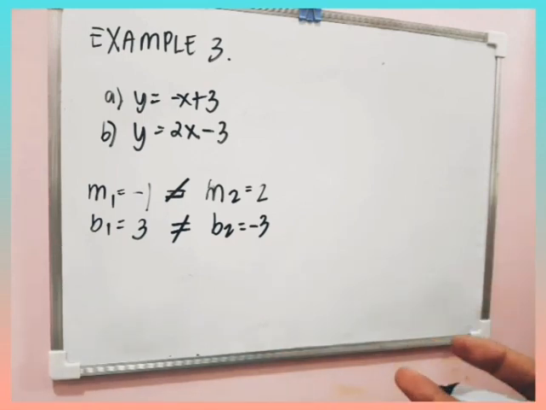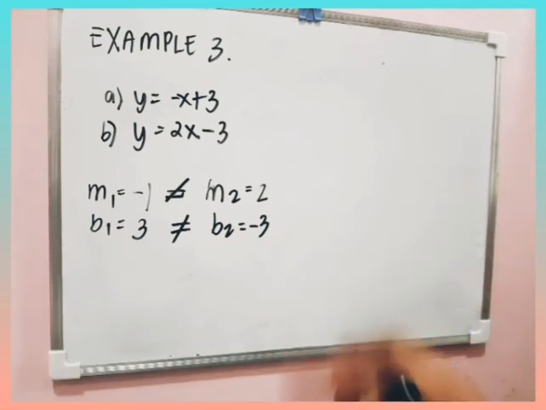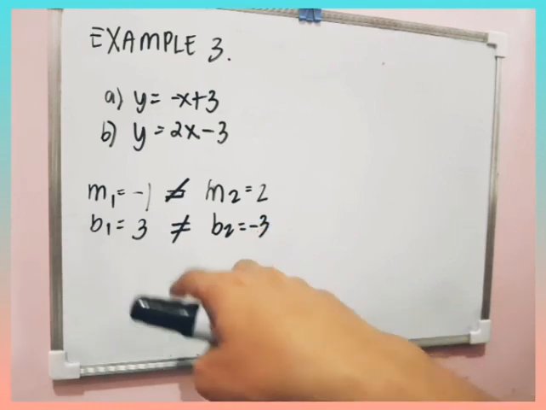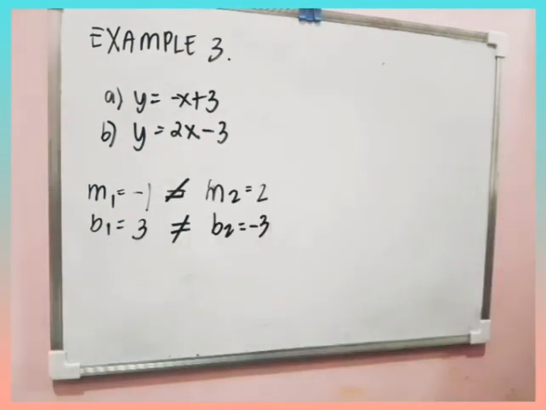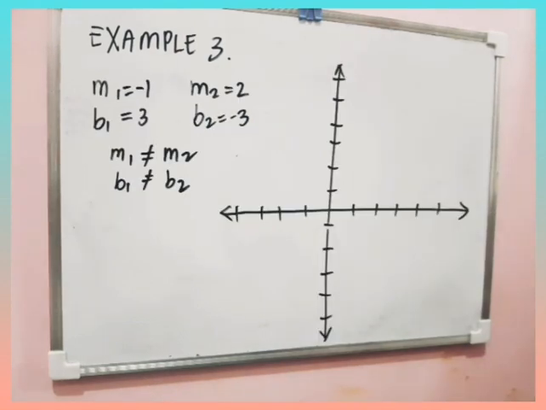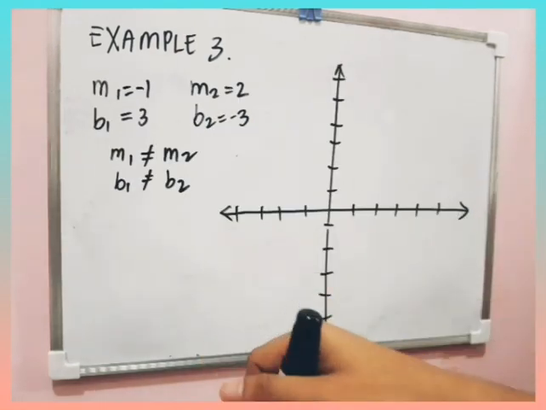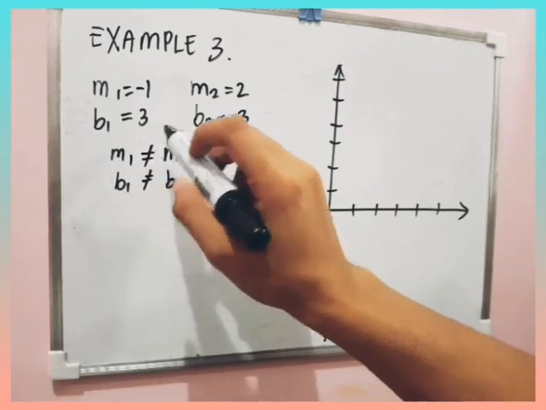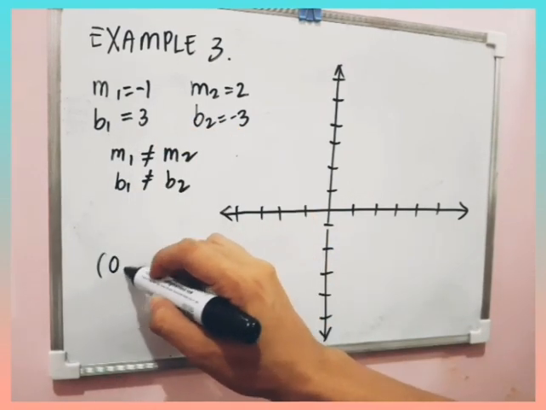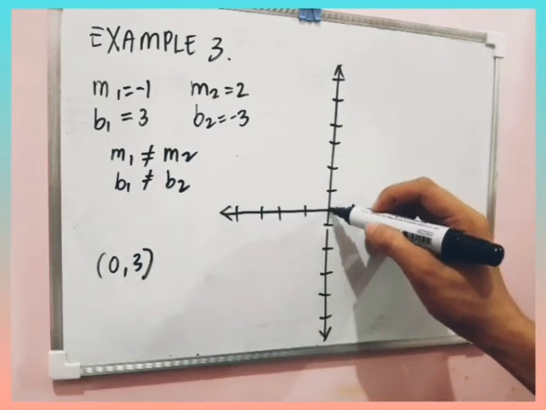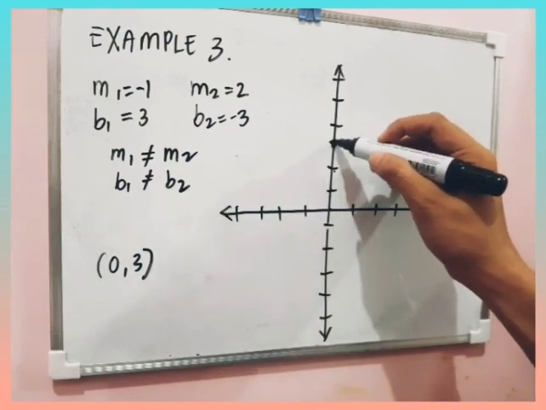So, tingnan natin kung anong magiging itsura ng graph kapag magkakaiba ang given. Kapag magkaiba ang slope, magkaiba ang y-intercept, anong itsura ng graph? Tingnan natin. Alright. So, meron tayong first y-intercept na positive 3. So, ito, ang point nito ay 0, positive 3. So, 0, 1, 2, 3. Ayan.